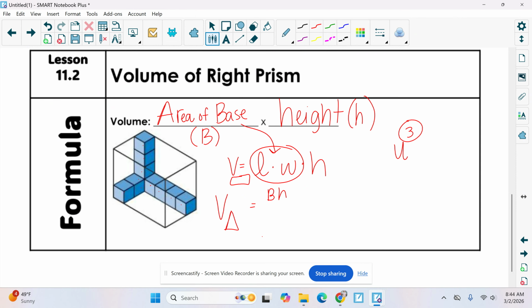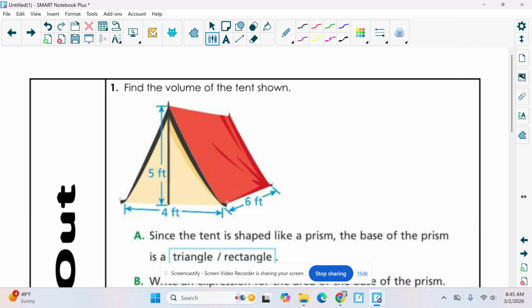What's the formula for the area of a triangle? 1/2 base times height. So you would need to do this first and then multiply it by the height of the prism. Okay, does that make sense? Okay. All right, so moving on, let's practice some of these.